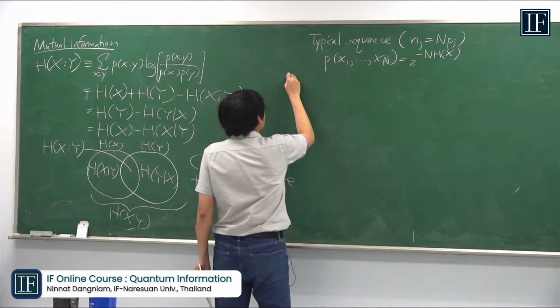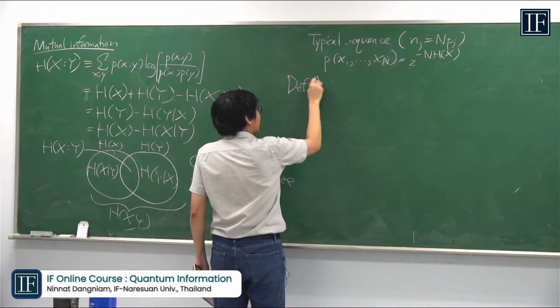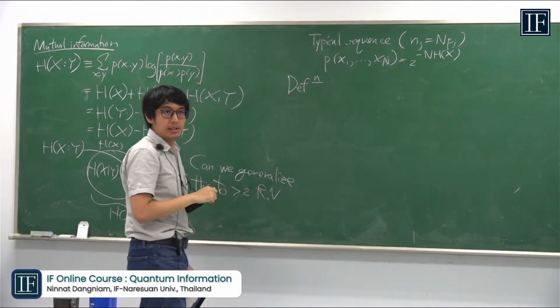But now I want to allow some error when n is not infinite.